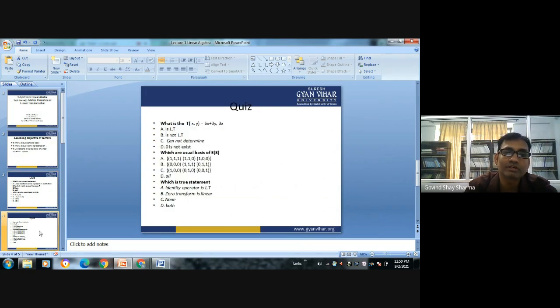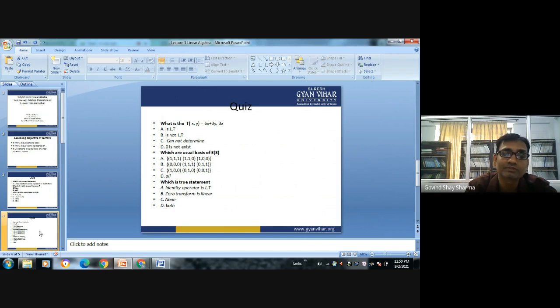What is the Txy? 3x plus 3y and 3x. This is the LT. Absolutely, this is LT because when we put 0, 0, we get 0. And alpha x plus beta y, when we do it, then we get alpha Tx plus beta Ty. So this is the right option.